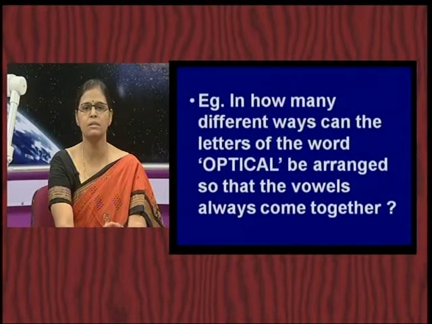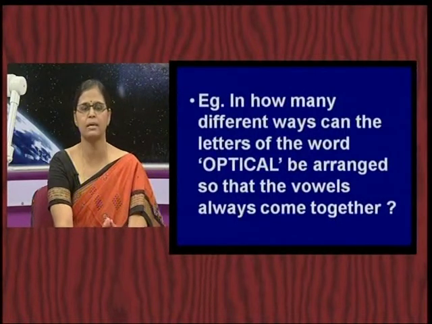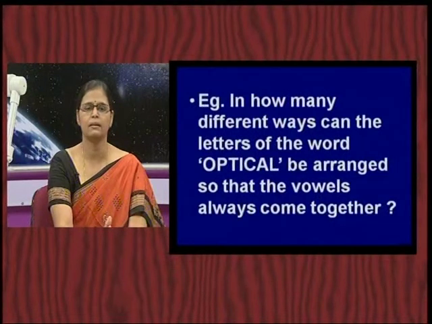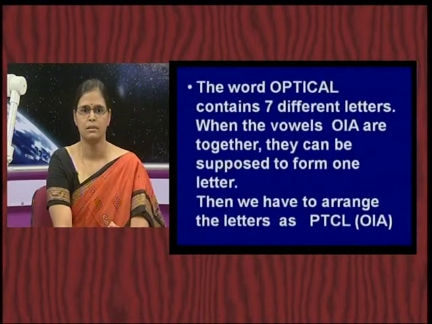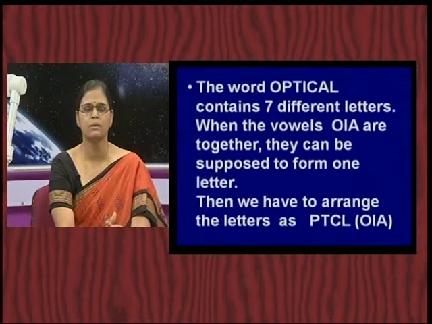So, now how are you going to do it? All the vowels, since you want them to come together, you treat them as one single identity. Then for the remaining, you look at the combinations. So, how do you go about finding this solution? The word O, P, T, I, C, A, L contains 7 different letters.